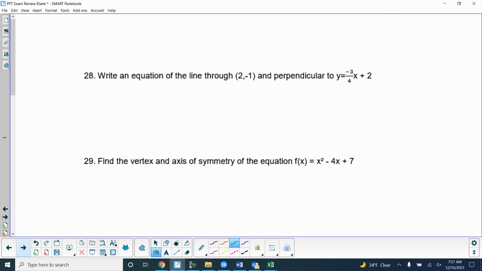All right. Last 3. Write an equation of a line through 2, -1, and perpendicular. So remember, perpendicular slopes are opposite reciprocals, right?